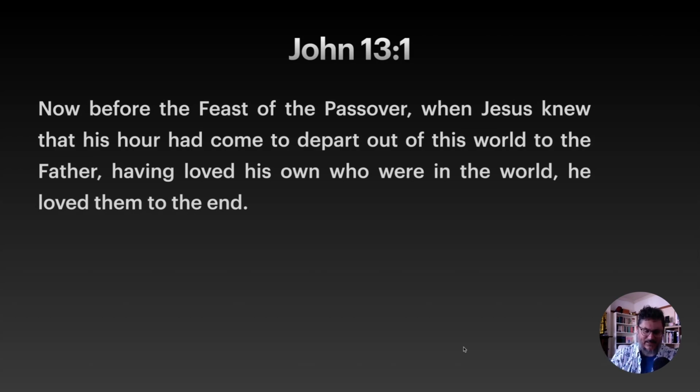He's beaten death, conquered death, and then he ascends back to his throne in heaven. And so this section here is taking place on the eve of his crucifixion, his death. The crucifixion is the manner of his death. And so that brings us to John 13, verse 1.